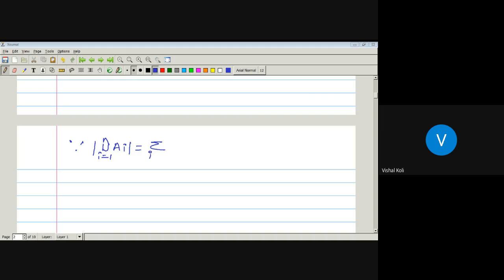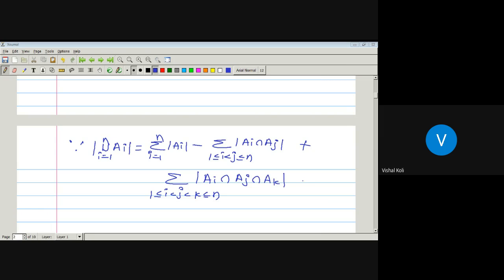Summation over i running from 1 to n cardinality of Ai, minus summation over 1 less equal i less than j less equal n, cardinality of Ai intersection Aj, plus summation over 1 less equal i less than j less than k less equal n, cardinality of Ai intersection Aj intersection Ak, minus up to so on, plus minus of 1 to the power n minus 1, cardinality of A1 intersection A2 intersection up to so on intersection An.